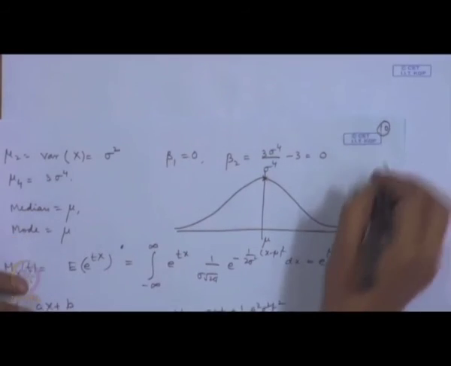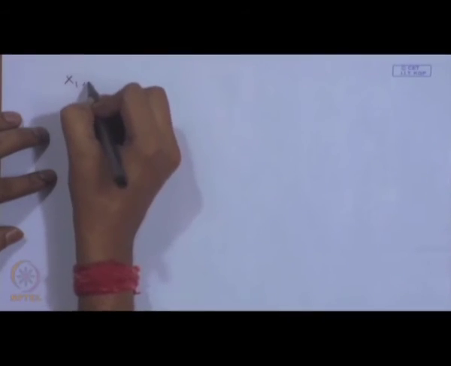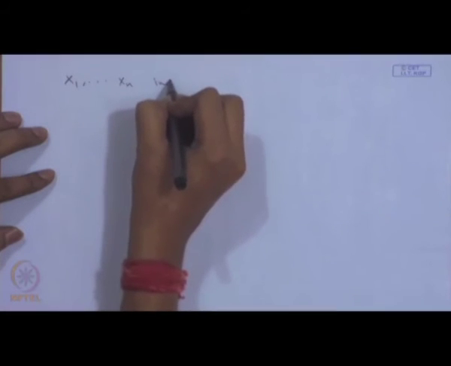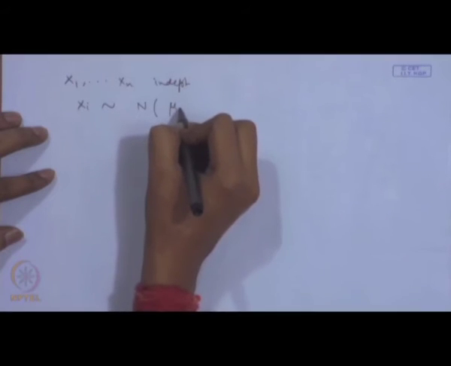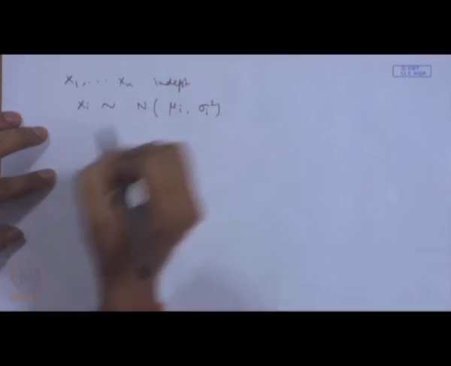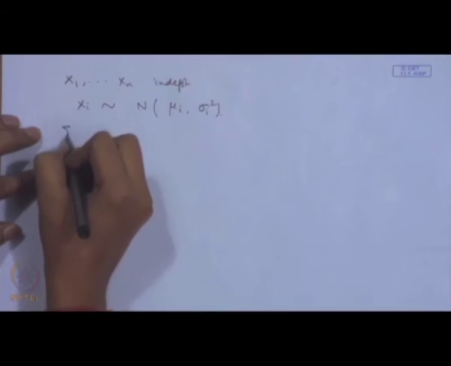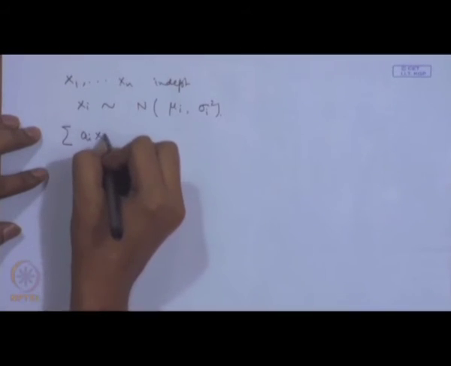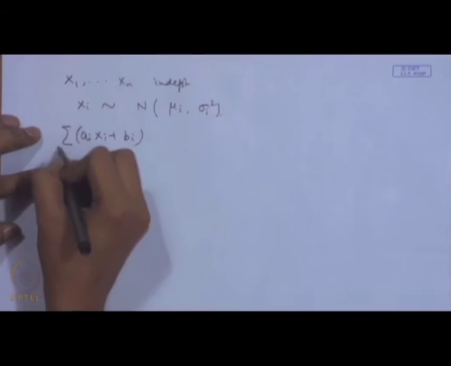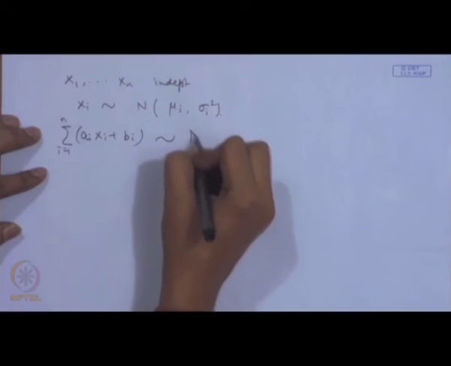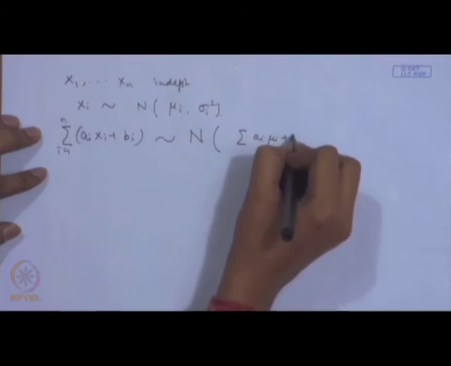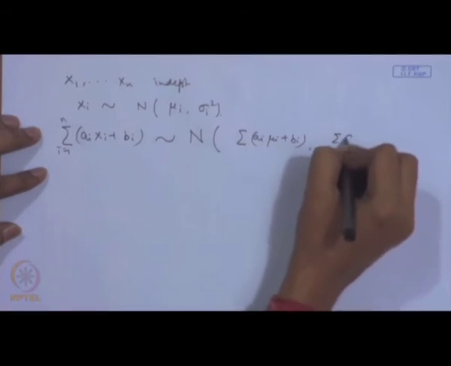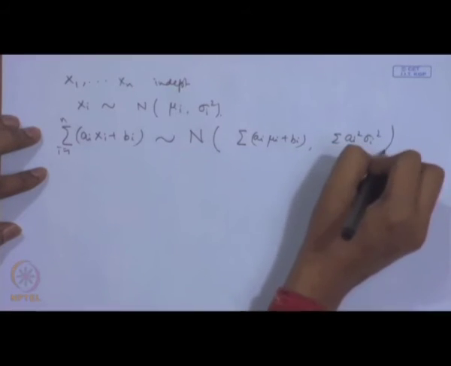If I say that X1, X2, ..., Xn are independent and Xi follows normal with mean mu i and variance sigma i square, then if I consider the sum of ai Xi plus bi, i equal to 1 to n, that will again have a normal distribution with mean sum of ai mu i plus bi and variance sum of ai square sigma i square.